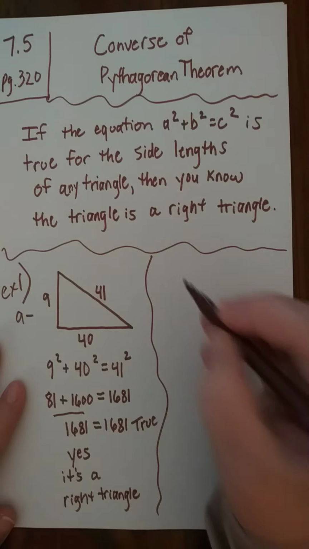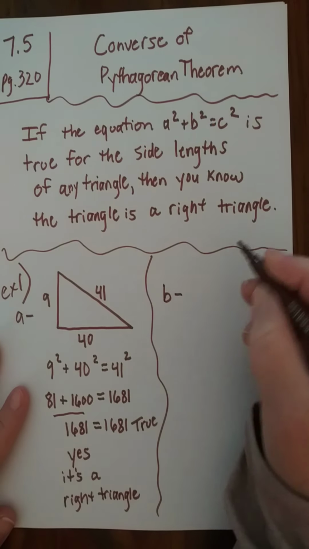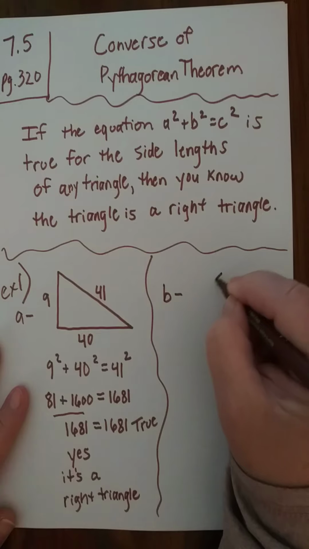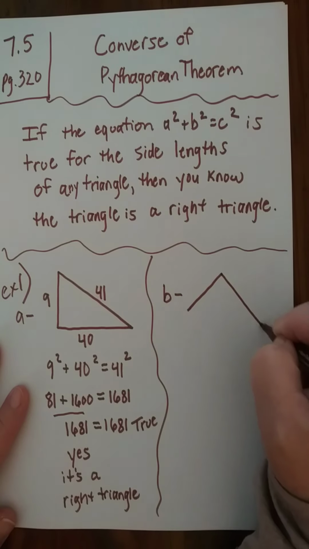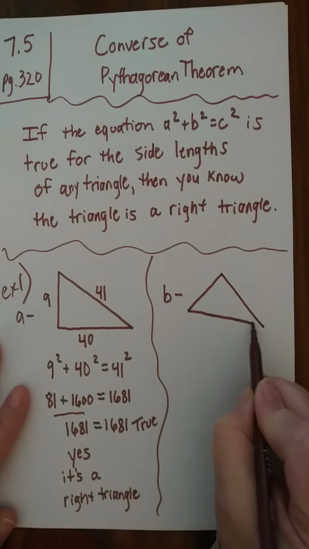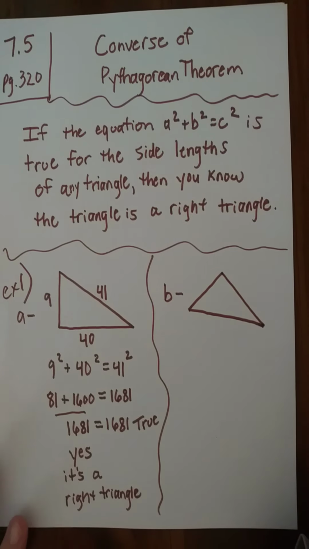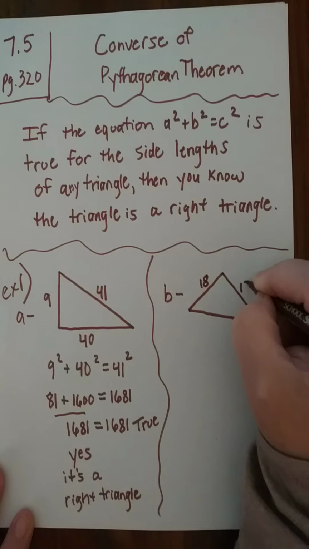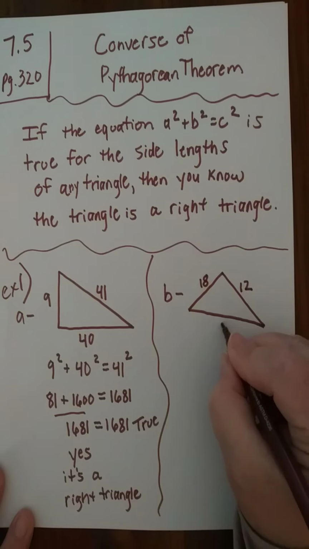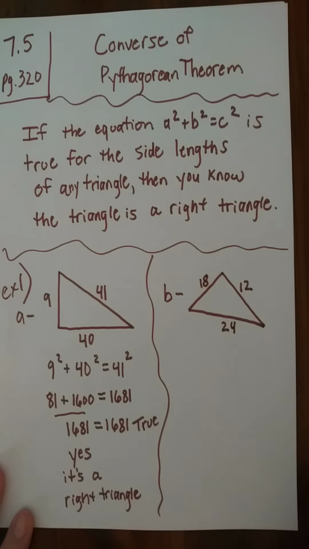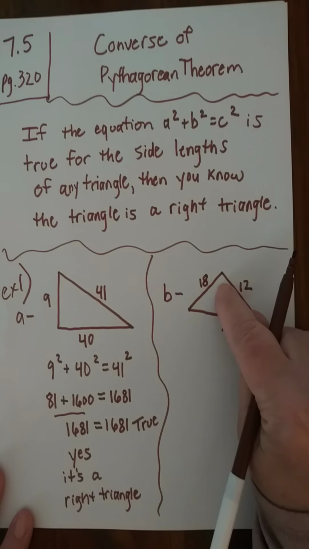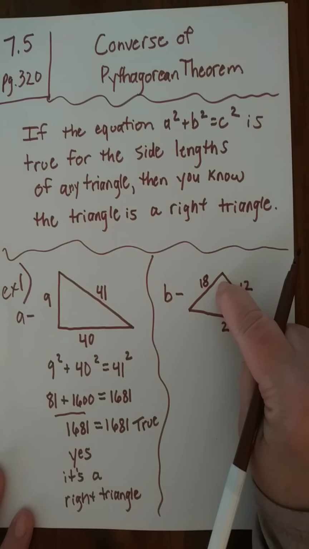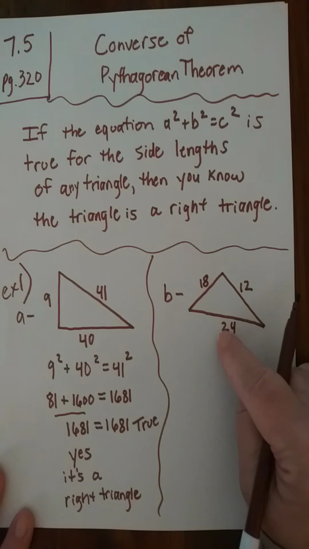Let's try B. B is another triangle that looks like maybe it's a right triangle, but we don't know for sure because there's no right angle box. This side is 18, this side is 12, and this side is 24. We're guessing this is the right angle, so across from it is our hypotenuse.